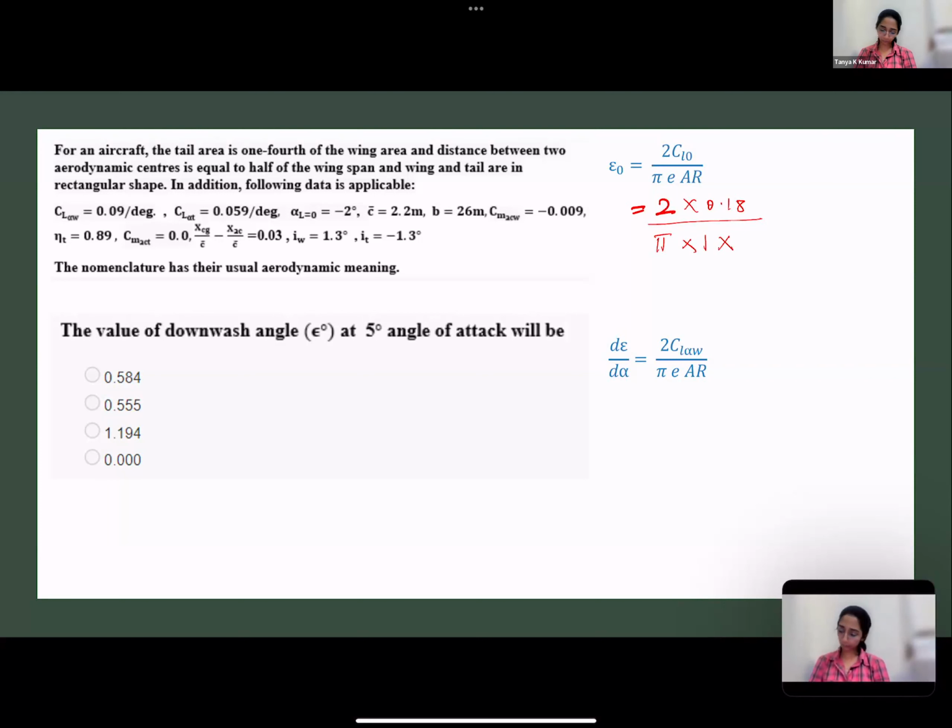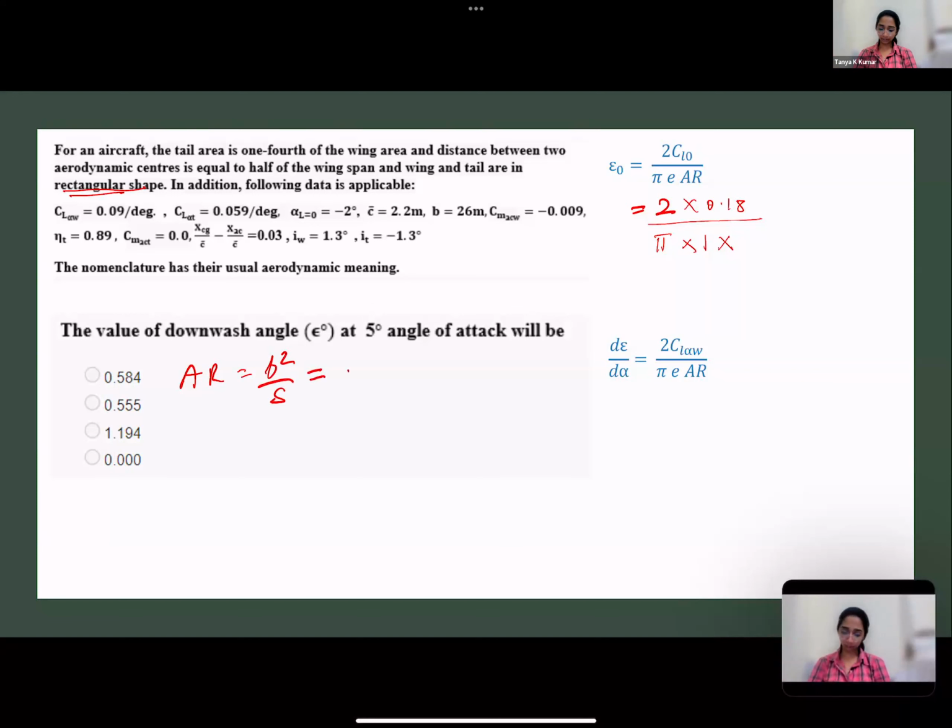Okay, let's find out the aspect ratio first, of the wing. What is the formula for aspect ratio? Note that they've told you that it's a rectangular shape. What is the general formula? Forget about the rectangular wing. B square by S. Exactly. So it's B square by S.